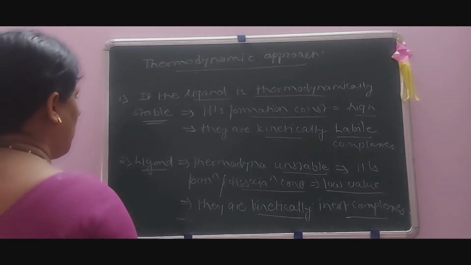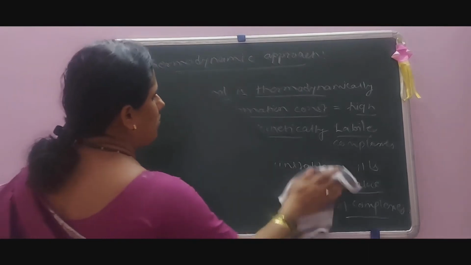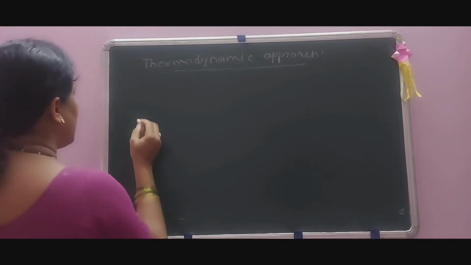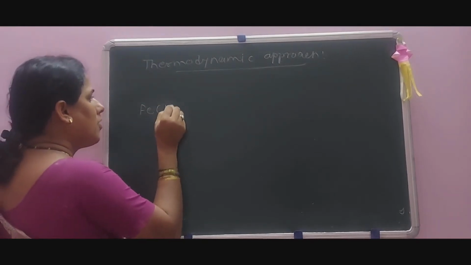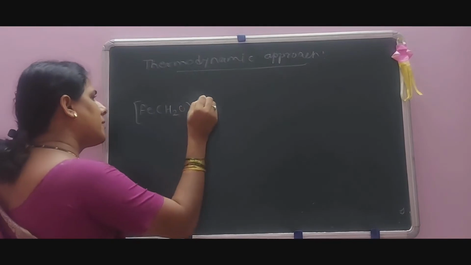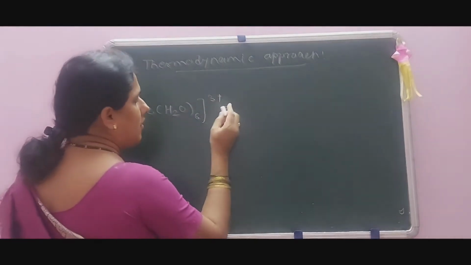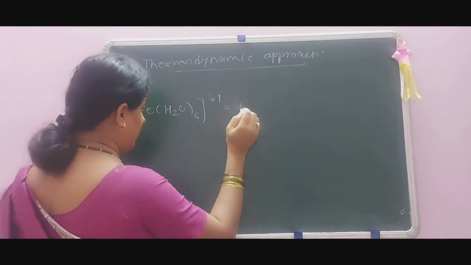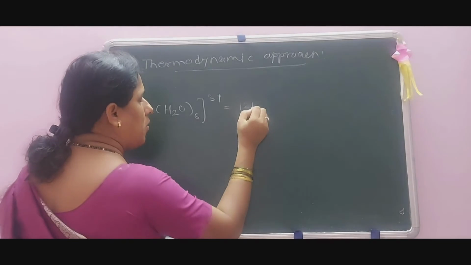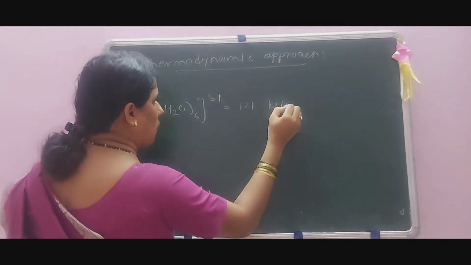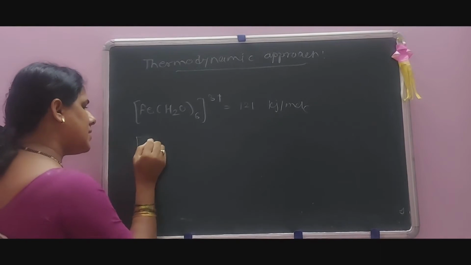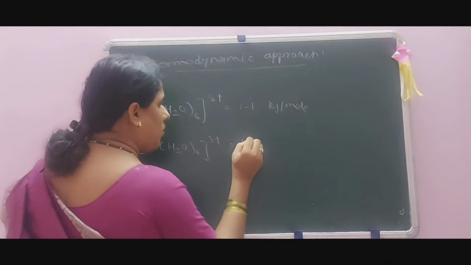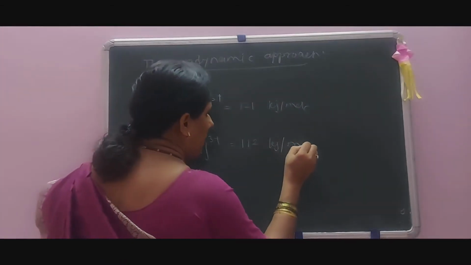Now, for this, consider one example: Fe(H2O)6 3+, having the formation constant equal to 121 kilojoule per mole, and Cr(H2O)6 3+ is of 112 kilojoule per mole.